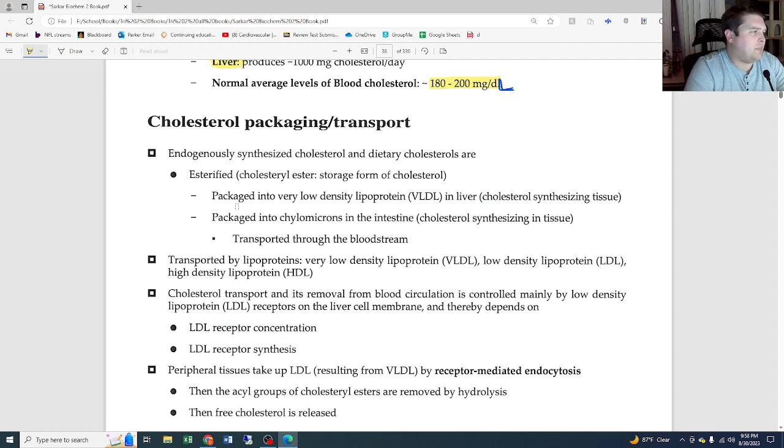So the cholesterol is packaged into these very low density lipoproteins. We'll call those VLDLs in the liver. That liver, again, is the cholesterol synthesizing tissue. The cholesterol will also be packaged into these proteins called chylomicrons in the intestine.